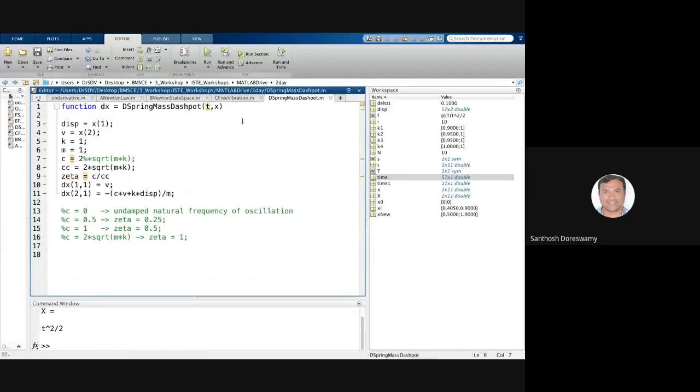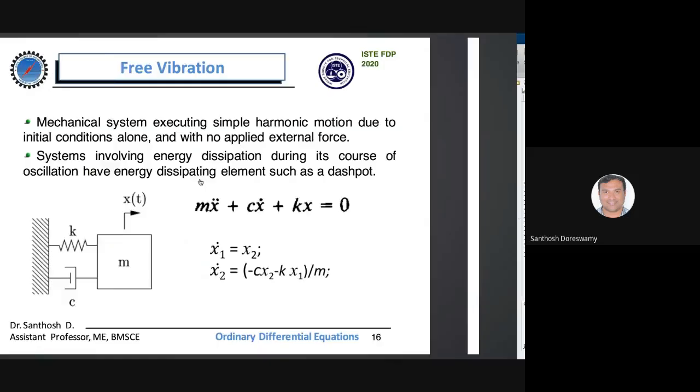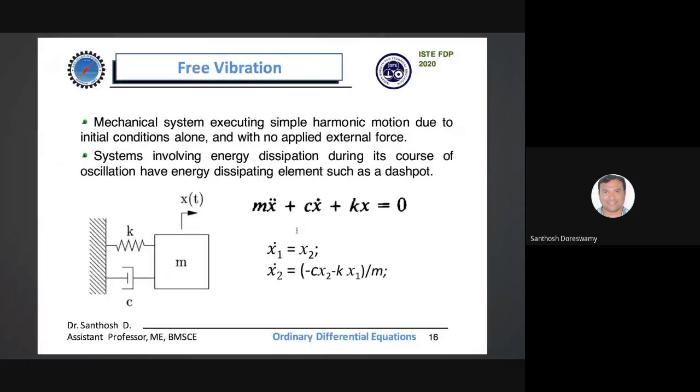Okay, so if you see this, these two first order differential equations that got established are written here. My first derivative of the displacement is velocity, that is what I've written. The second equation is what I've explained before, which is minus c times x2 minus k times x1 divided by m.